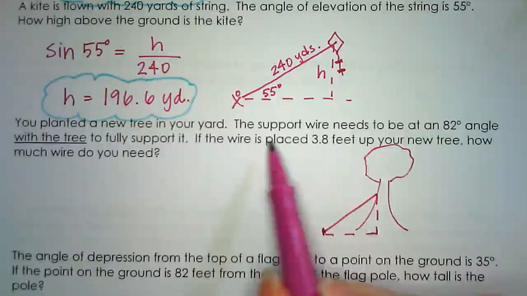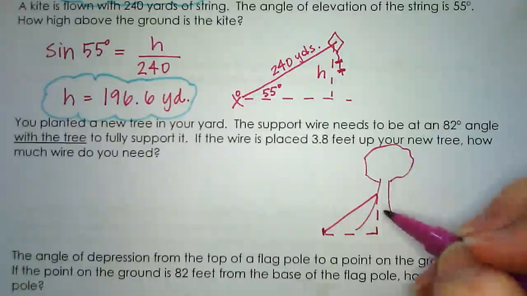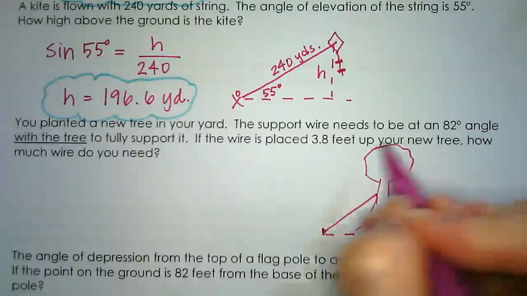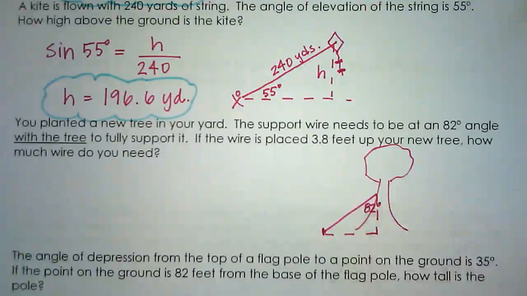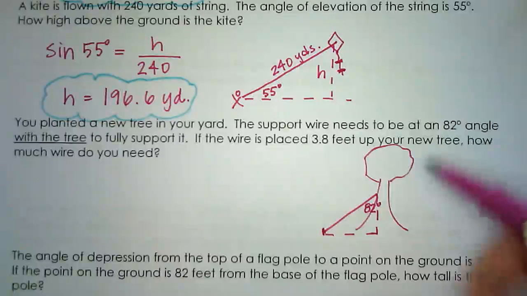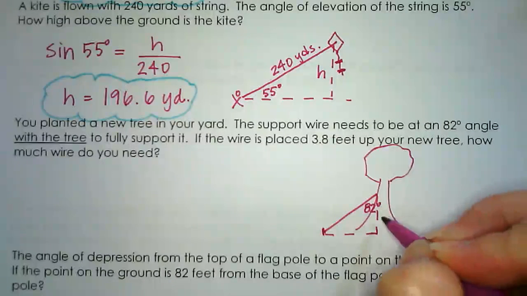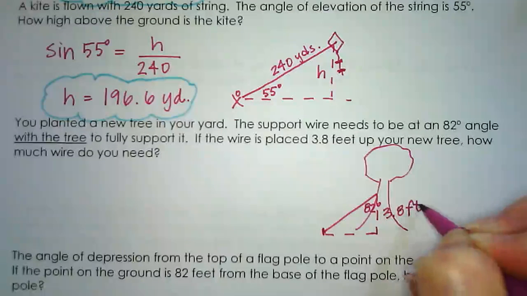Okay, so the support wire needs to be at an 82-degree angle with the tree. So the wire to the tree needs to be 82 degrees, which is that one right there. The wire is 3.8 feet up the tree, so this right here is 3.8 feet.